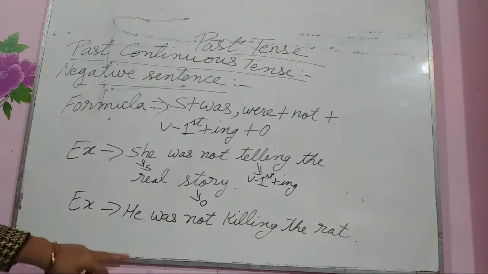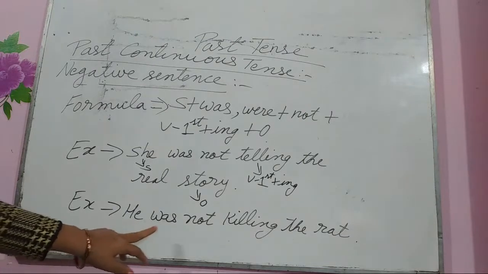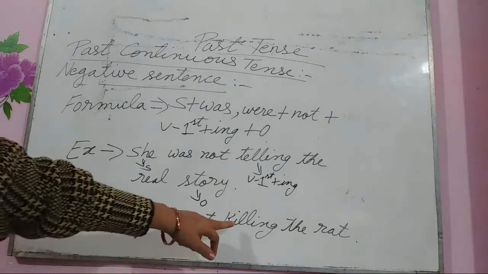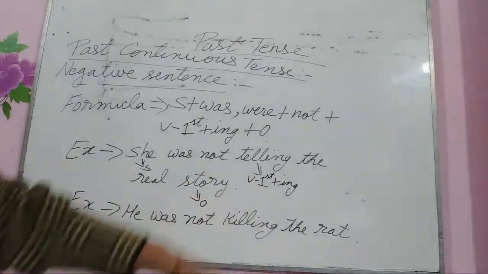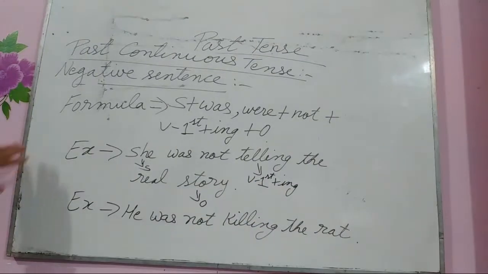Again, in the sentence, he is your subject, was not, killing is the verb of the first form, the rat is the object. So here are the two sentences. She was not telling the real story. He was not killing the rat. These two sentences are the example of negative sentence in past continuous tense.